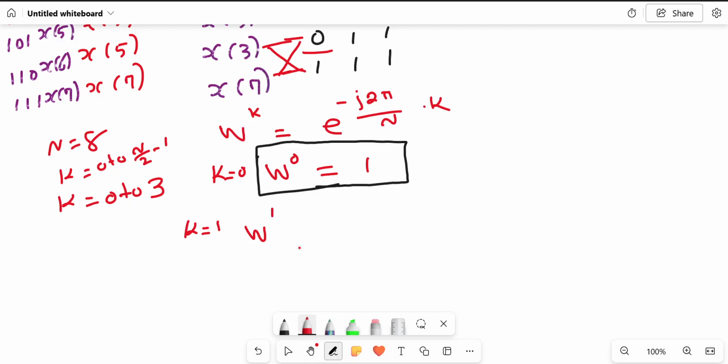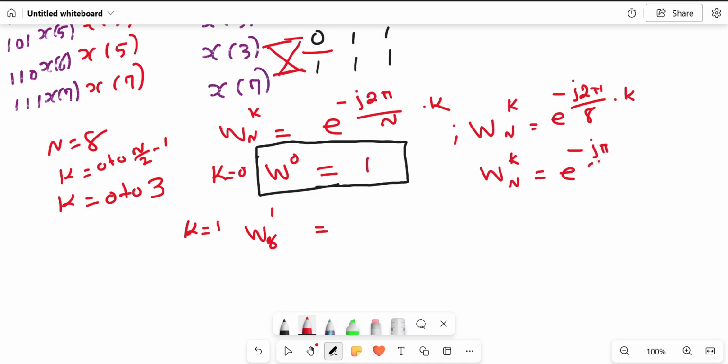Similarly, for k equal to 1, W power nk, where N is equal to 8. We can write e power... So N is equal to 8 means first you reduce the equation. W_N^k is equal to e power minus j 2 pi by 8 into k. So W_N^k is equal to e power minus j pi by 4 into k.